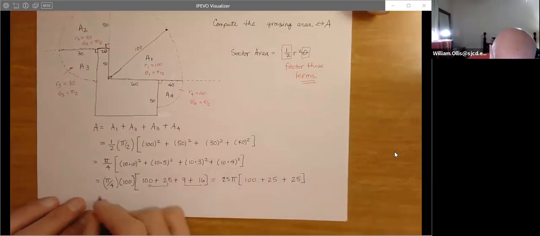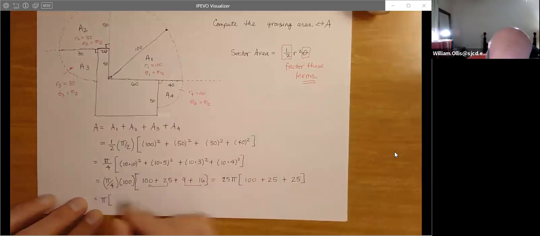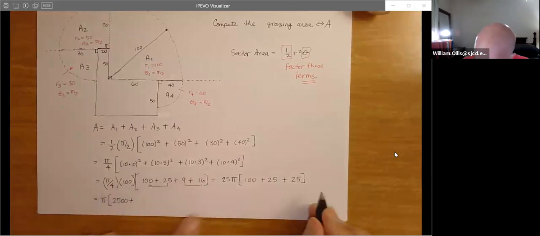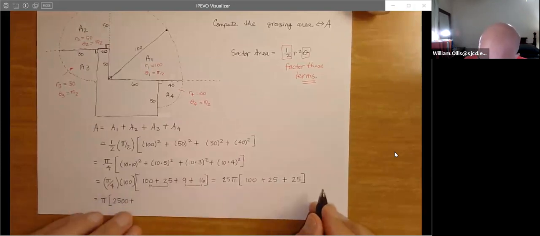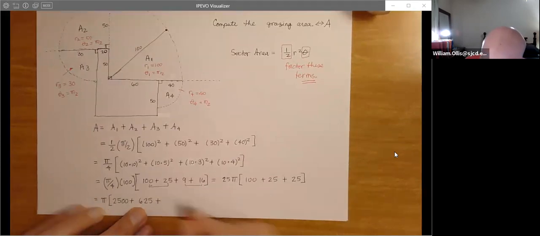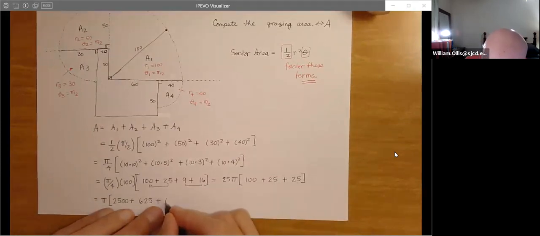So let's go ahead and multiply out. So this will be pi. So 25 times 100, that's 2,500. And then, of course, these are our friends. 25 times 25 is what? 625. Plus 25 times 25, 625.